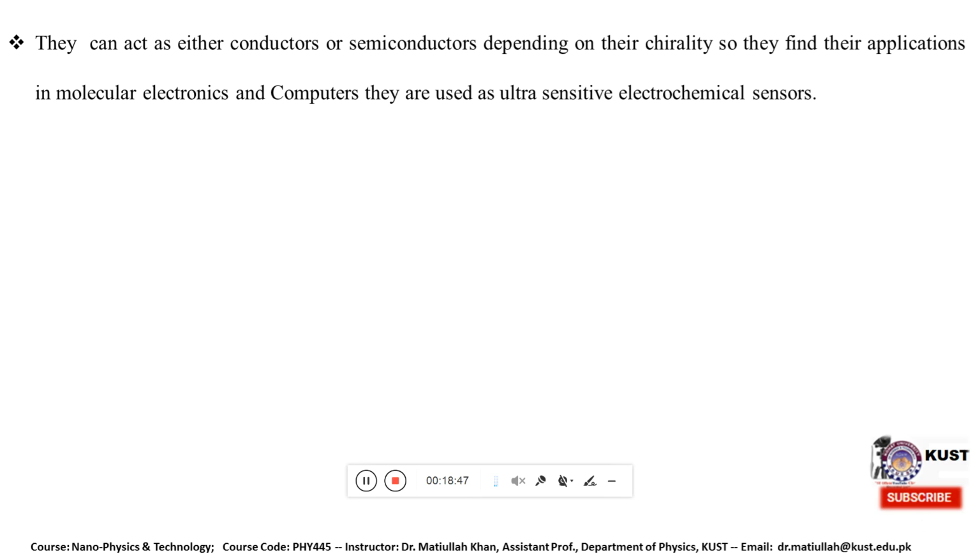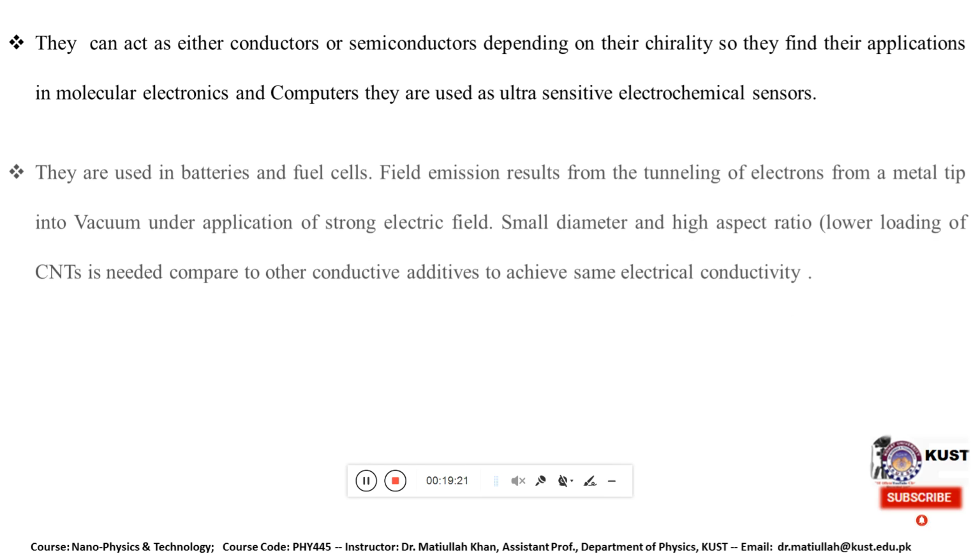One of the other interesting properties is that we can use the same material as a conductor or semiconductor, and we can change this conductivity to different levels, which is very interesting for the electronics industry. We can use this in microelectronics, or in ultra sensitive computers, and especially in sensitive electrochemical sensors.